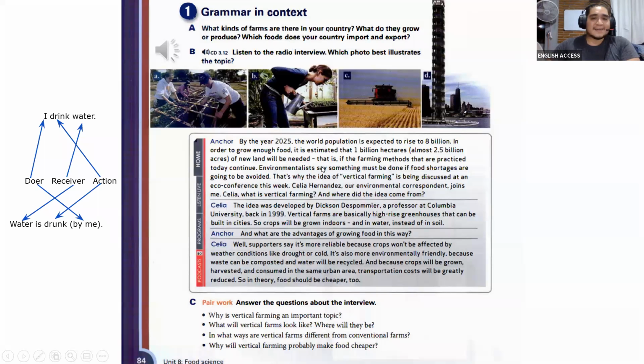Now, here in the lesson, we have a radio interview. Okay, so we're going to listen to it and we'll then answer this question: which photo best illustrates the topic? All right, now let's listen to it. Are you ready?